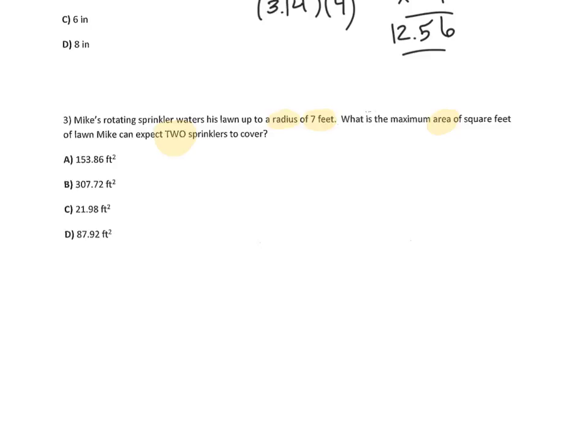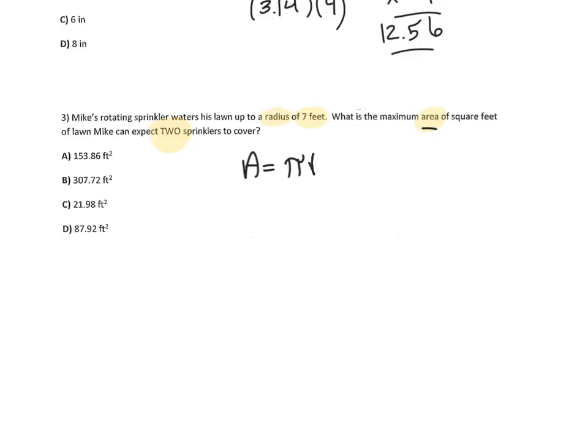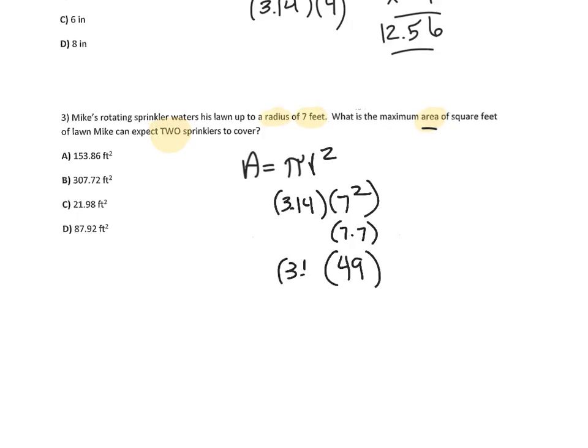We are going to have to figure out the area, because it used that word area. So pi r squared is the area of a circle. If we find the area of this, I'm going to plug my numbers in. So 3.14 times 7 squared. 7 times 7, figure that first. 49. So 49 times 3.14.